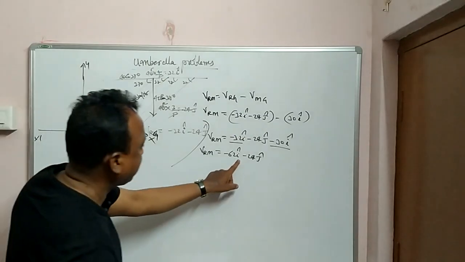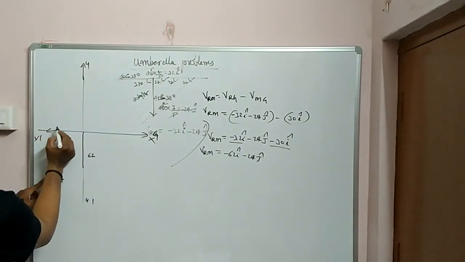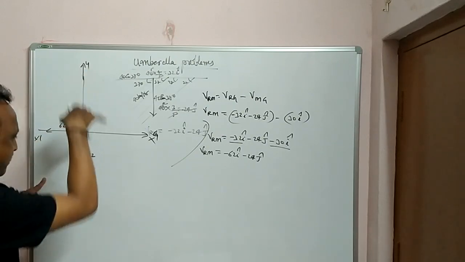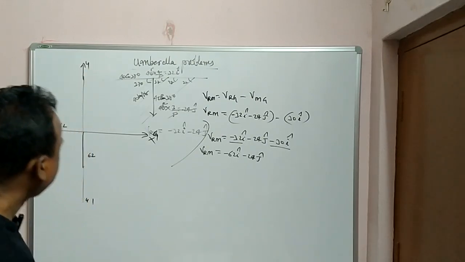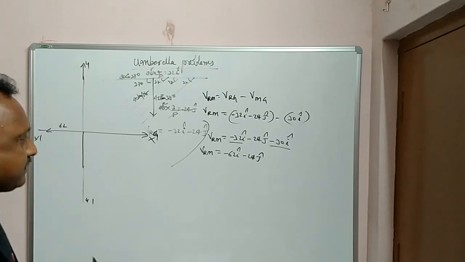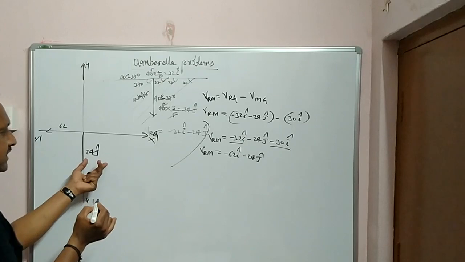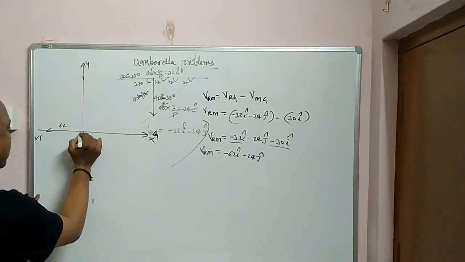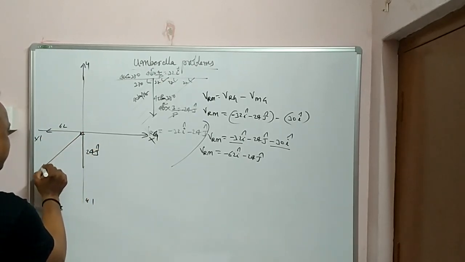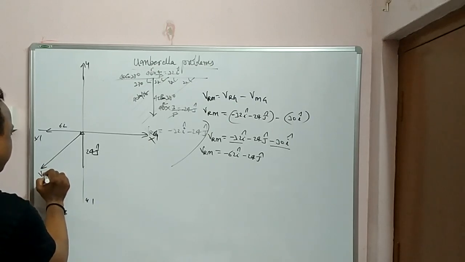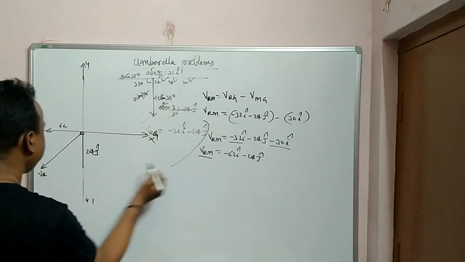Minus 62 means this x direction, and minus 24 j cap means the negative y direction. Both are acting at right angles. What is the resultant? The resultant in this direction is the velocity of the rain with respect to man.